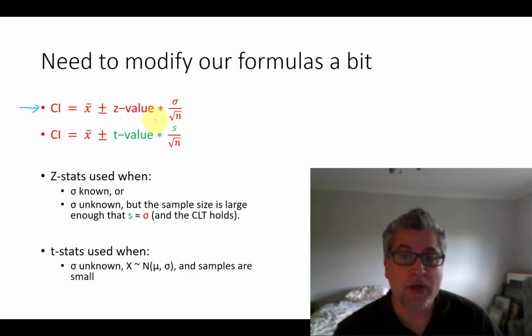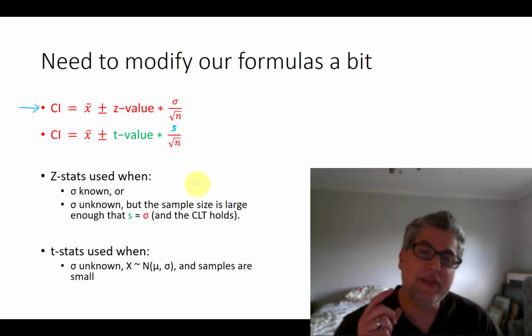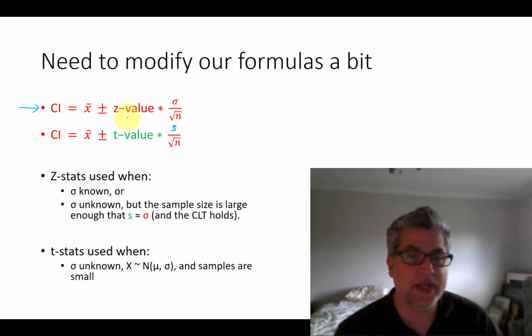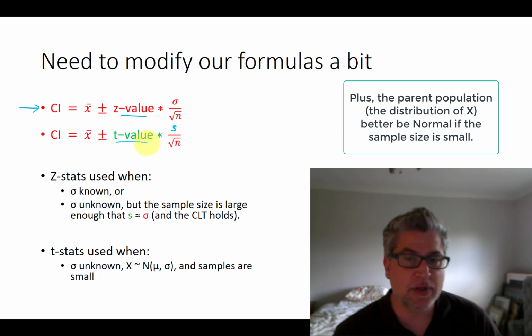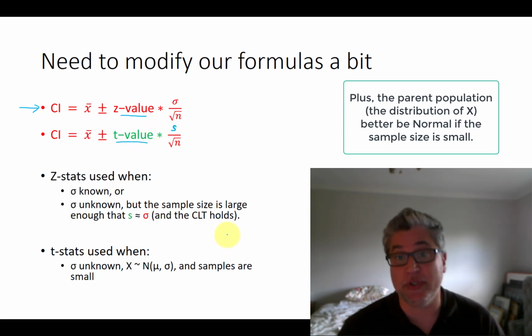And we do that when we know what the population standard deviation is, when we know what sigma is. In practice, we don't know sigma, so we have to estimate it using the sample standard deviation. The instant you do that, you can't use z-values anymore. The instant you have to resort to a sample for your standard deviation, you need to switch over to a t distribution.